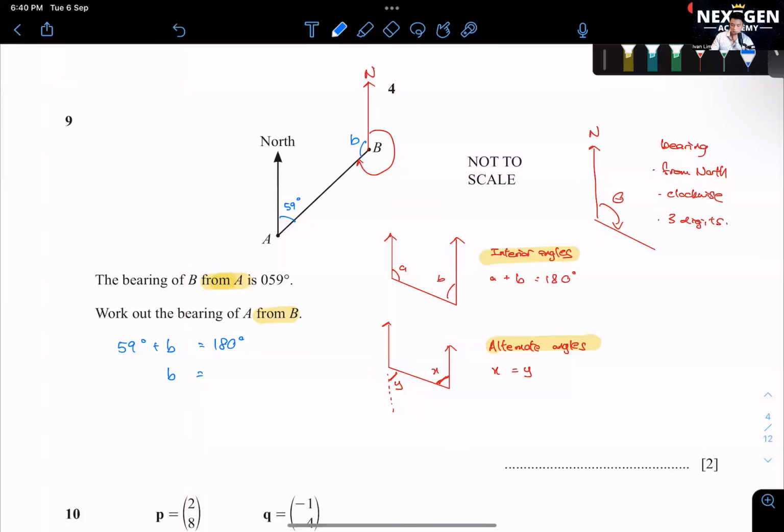Therefore, B is 180 minus 59, 121 degrees. So we write here 121 degrees. To find the bearing, it will be equal to 360 degrees minus 121 degrees. Write all of this working down just in case. So 239 degrees.